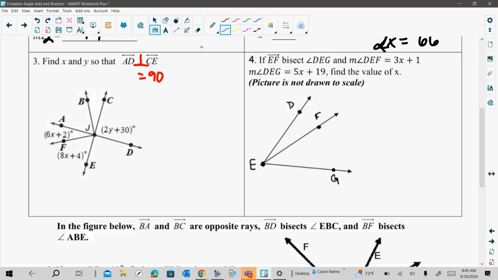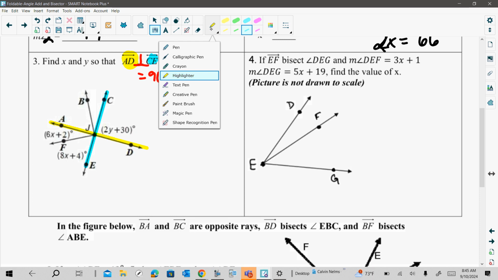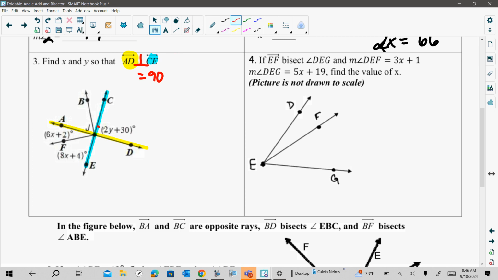So if I'm just looking at the intersection of these two lines, AD is this line here, CE. So where those two lines intersect, there's a box to indicate 90 degrees. So there's this angle here, 90, over here is 90, over here is 90. You're going to have 4 right angles.